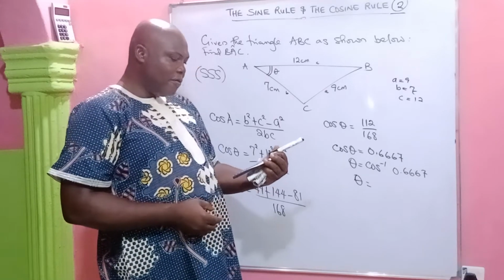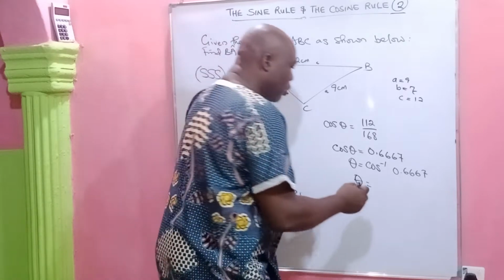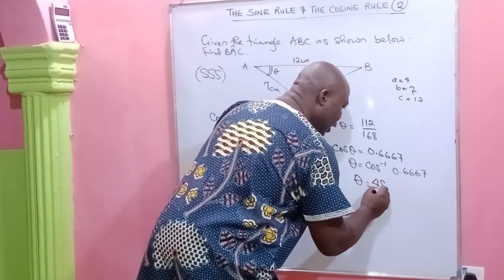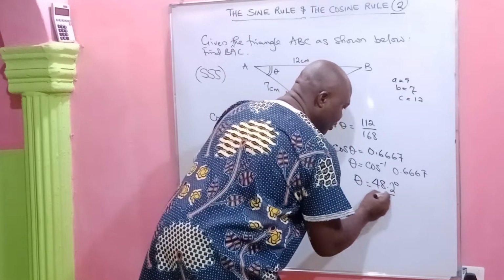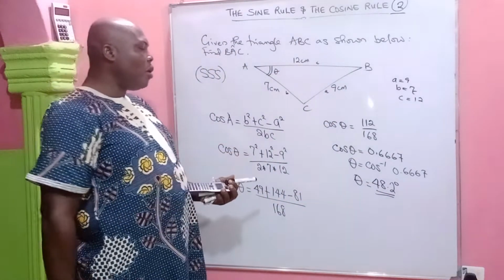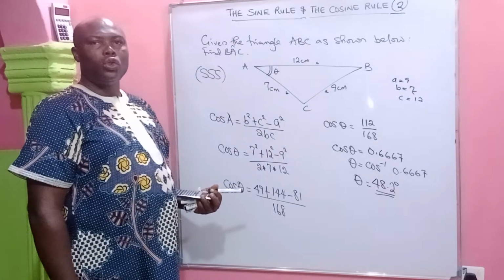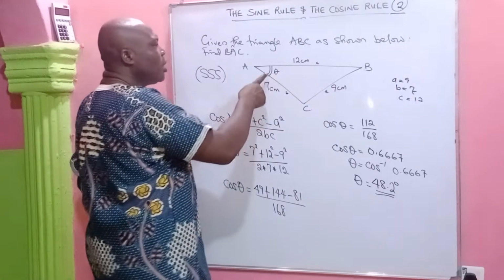You will now have 48.19, or 48.2 degrees. So we've been able to find the value of theta to be 48.2 degrees.